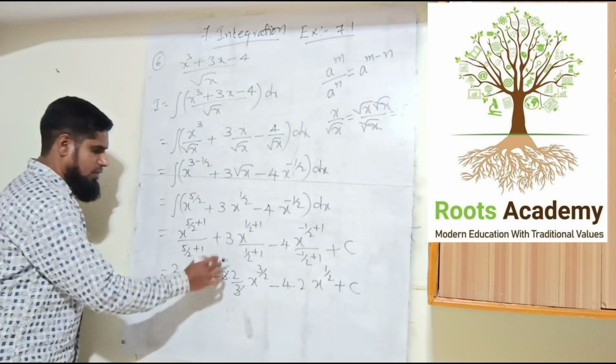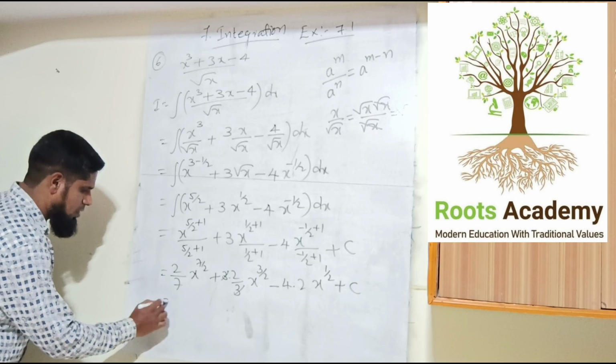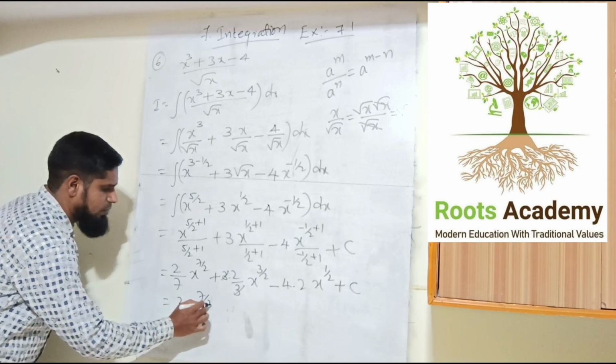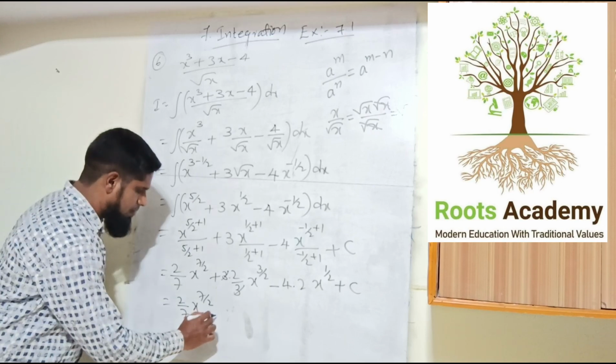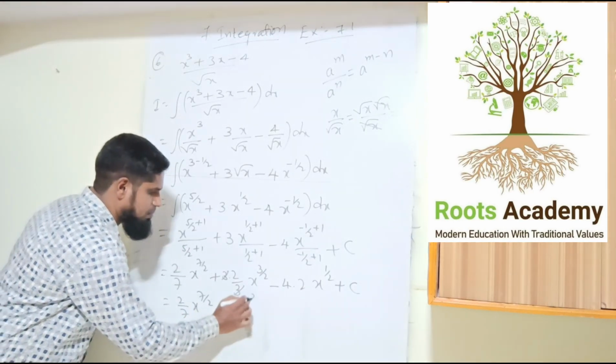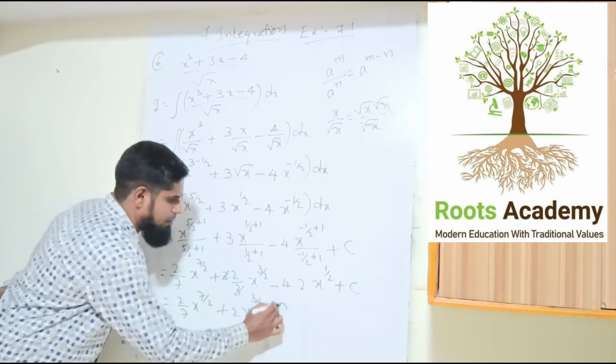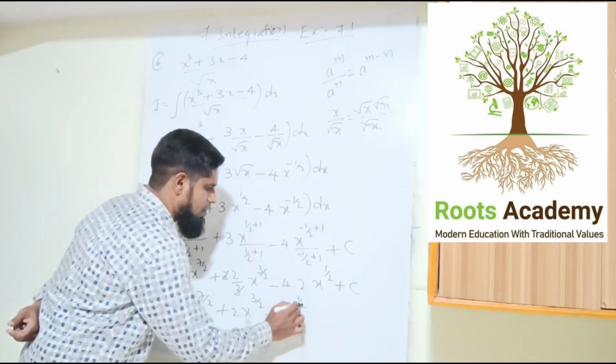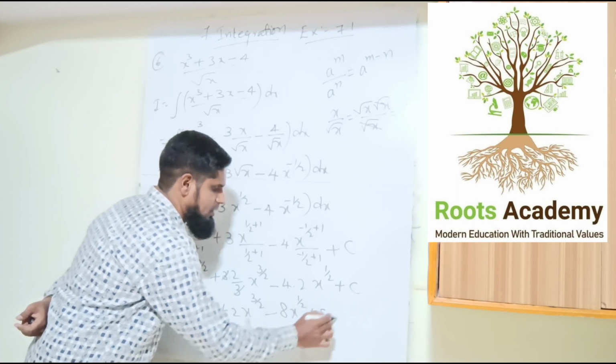So finally the answer is 2 by 7 into x power 7 by 2, plus 2 into x power 3 by 2, minus 8 into x power half, plus c.